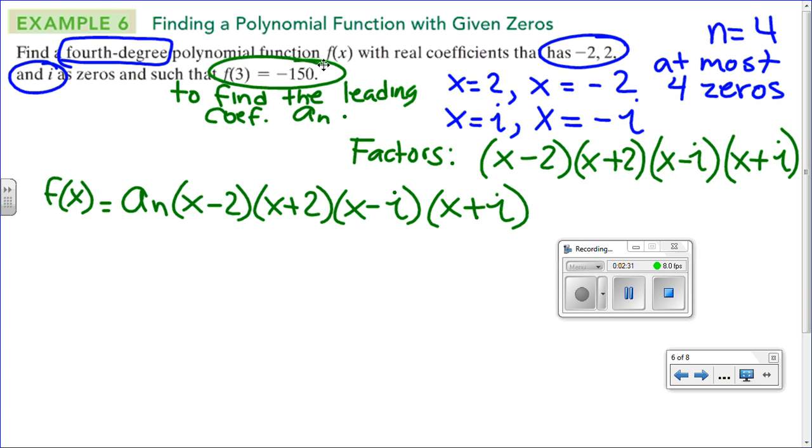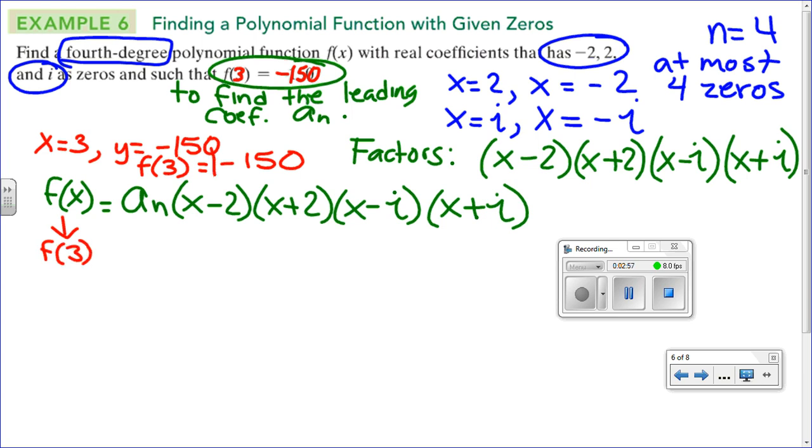From there we're going to use the given fact that f of 3 is equal to negative 150. What that means is that if x is equal to 3, the y value is negative 150, in other words, f of 3 is equal to negative 150. So we turn this f of 3 into the y value, which is negative 150. Then a sub n will be our unknown, the one that we're looking for.